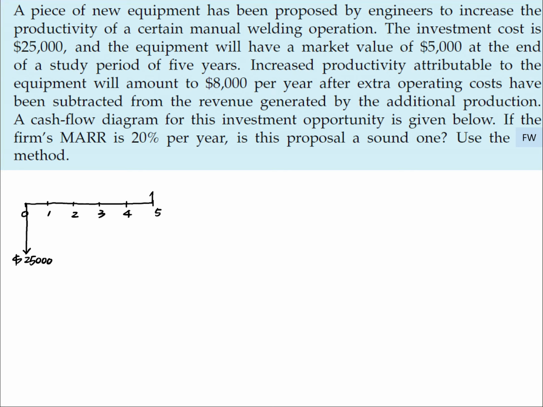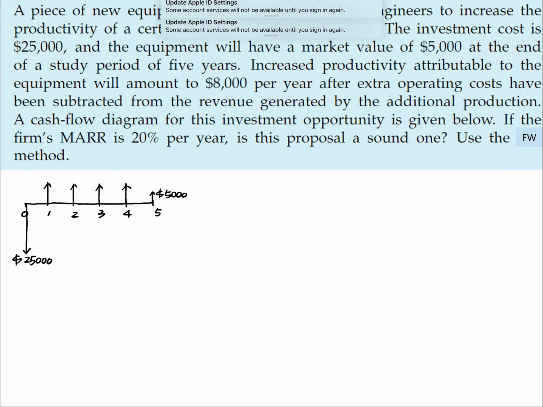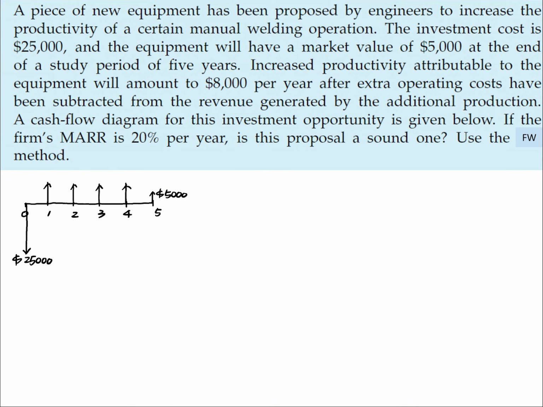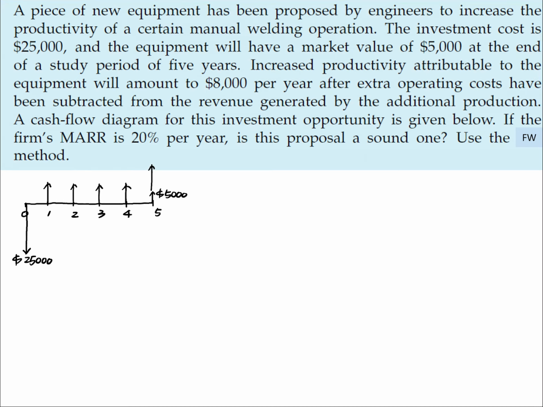And every year you're going to receive, okay, so at the end of the 5th year, you're going to sell it at 5,000. So that's one of your income at the end. So it's 5,000, a shorter arrow going up. And then every year you're gonna have net profit 8,000. So you're gonna have some annuities going on this timeline.